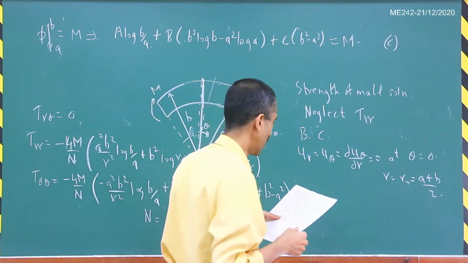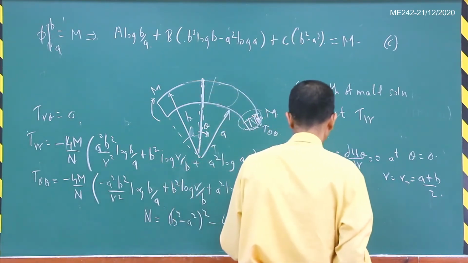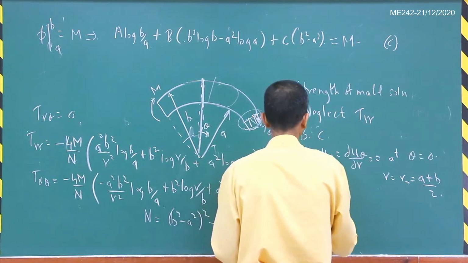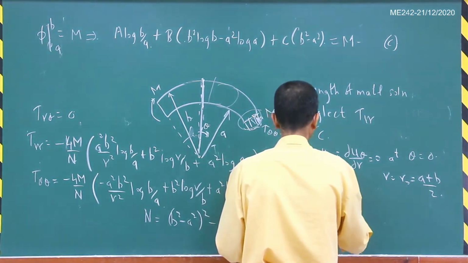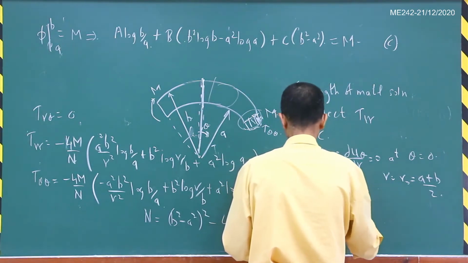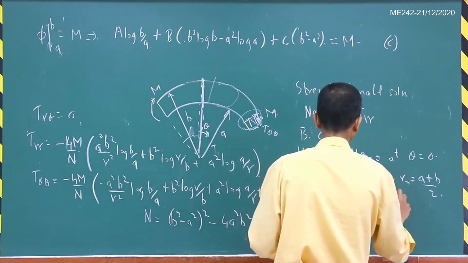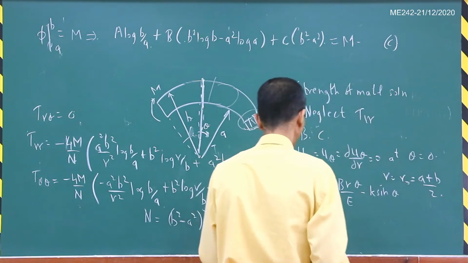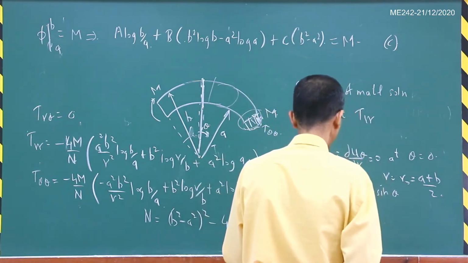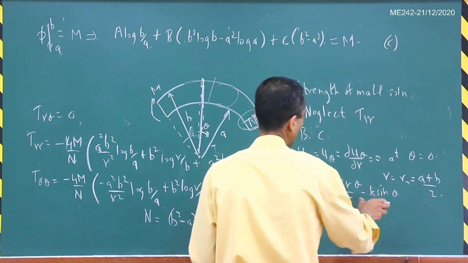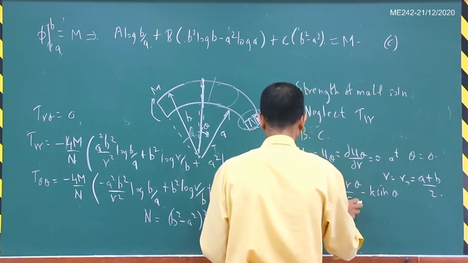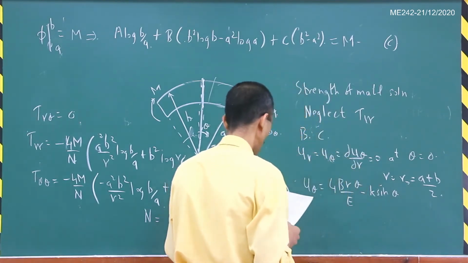Then what you get is u theta equal to 4 b r theta by E minus k sine theta. So this is the solution that you get here. There is a translation part and a rotation part to this displacement.